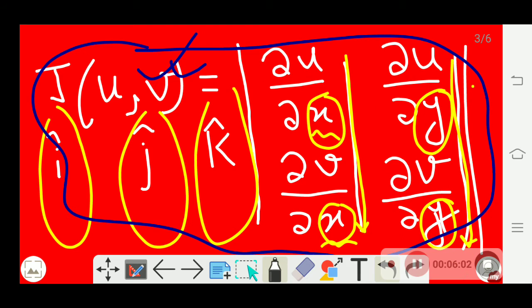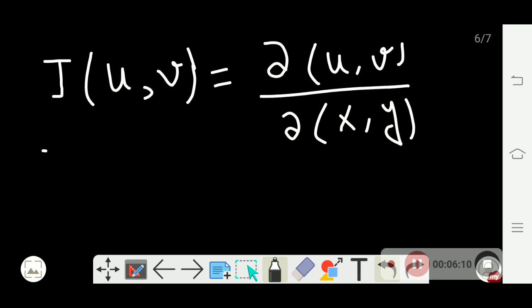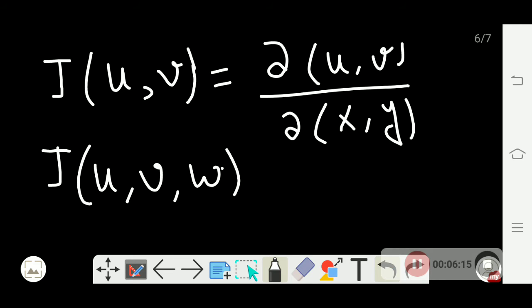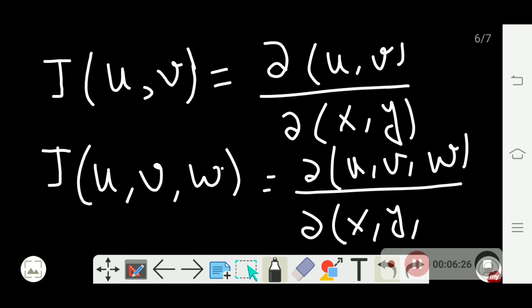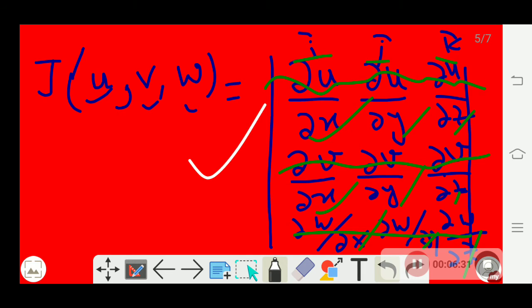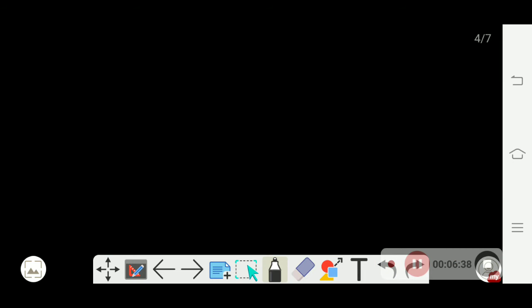Okay, that is equal to this. Again, del of u, v, w over del of x comma y comma z, and this is equal to this determinant. So this is the quick way you can write the Jacobian.